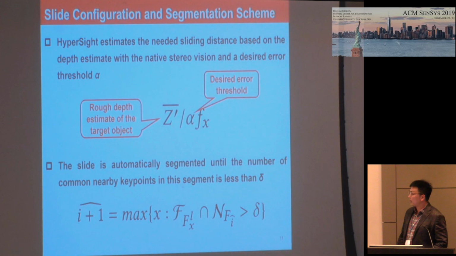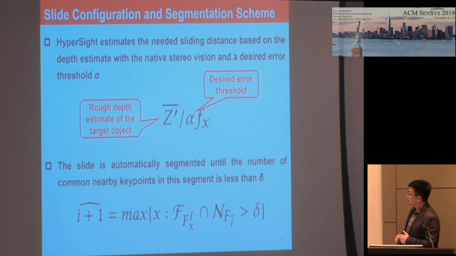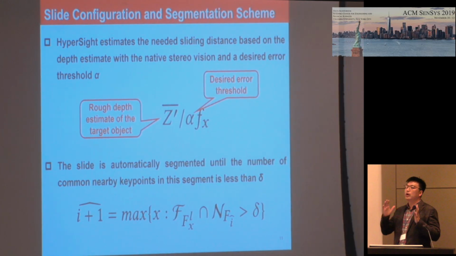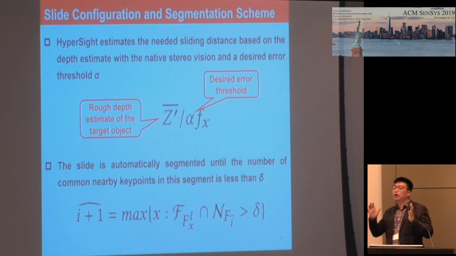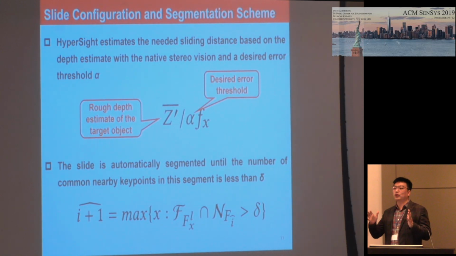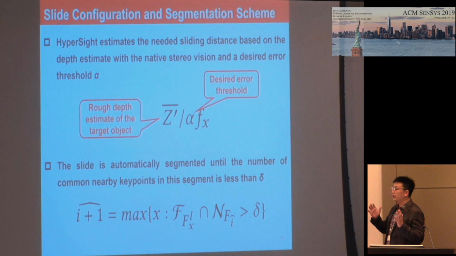And then the slide is automatically segmented until the number of common nearby key points in the segment is less than another threshold. Okay, so we try to find the longest segment, because if you move a little bit farther, the number of common key points will be less than this delta.